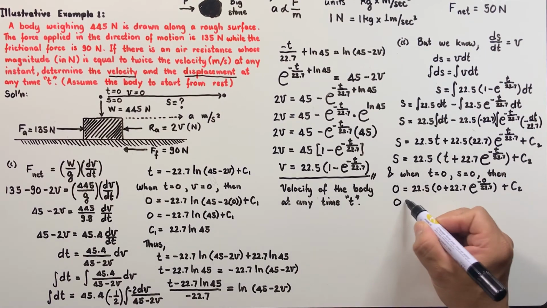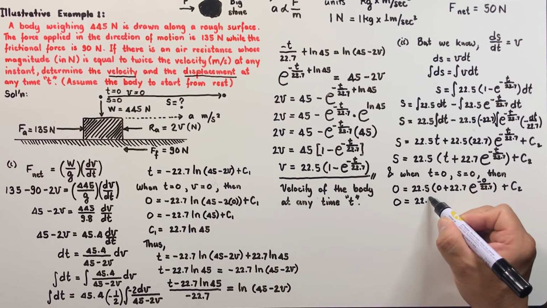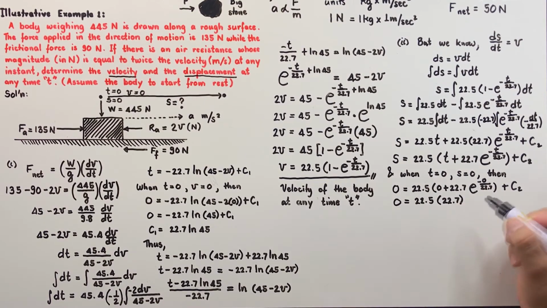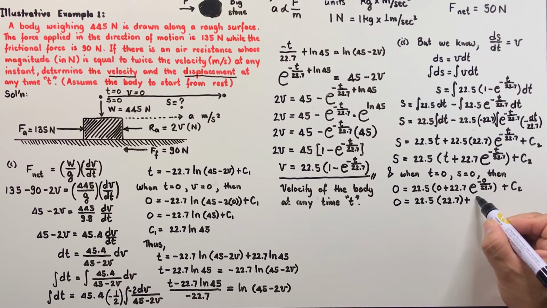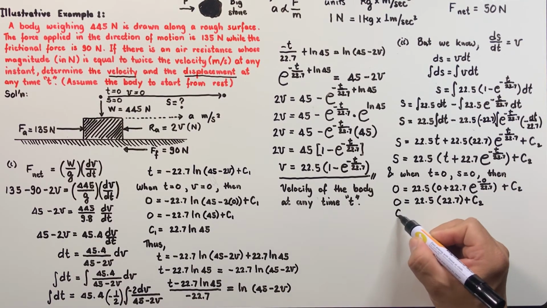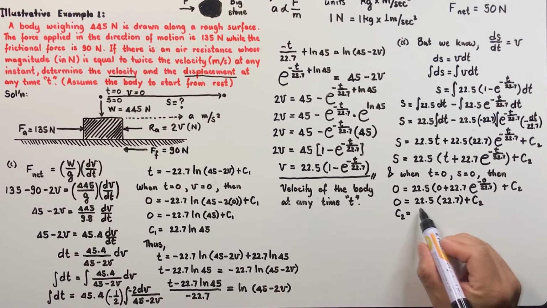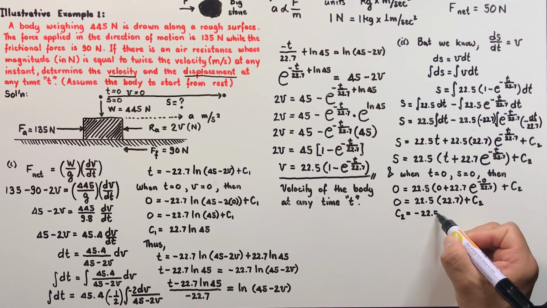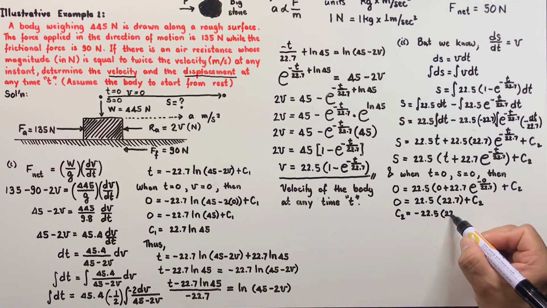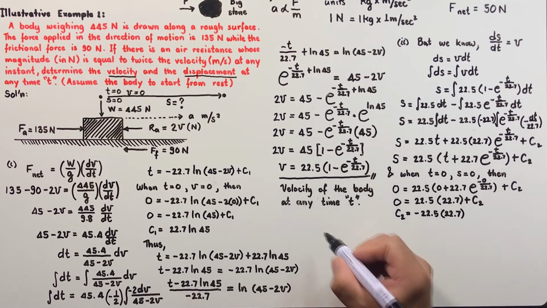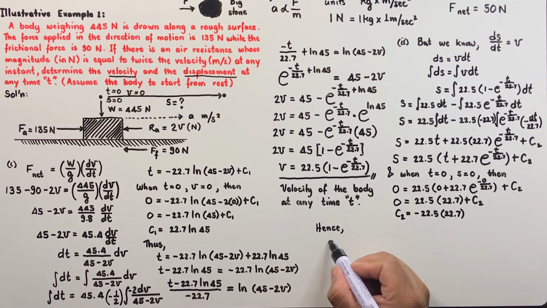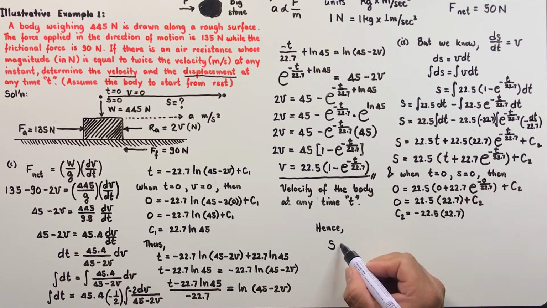So this is equal to 22.5 times 22.7 times 1, because e to the power 0 is 1. So our c sub 2, if you move this to the left, is negative 22.5 times 22.7.